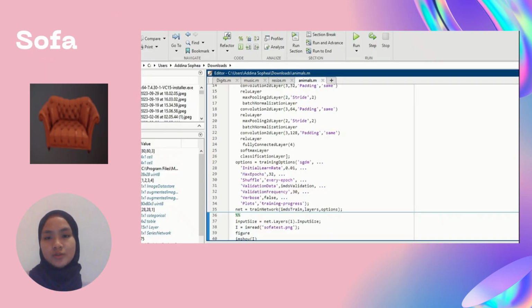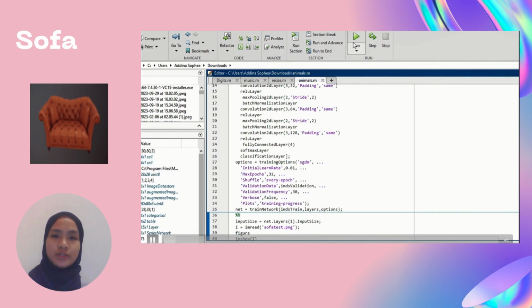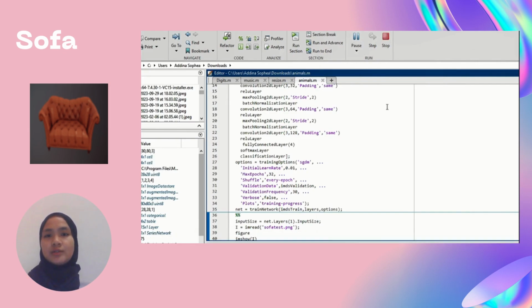So to test the sofa, I insert the name of the picture for sofa test here and run the command section.